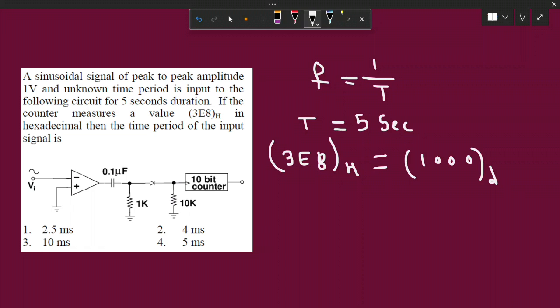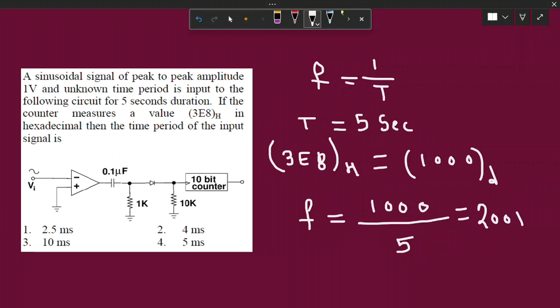Now we can calculate the frequency, which is equal to the total number of clock cycles, 1000, divided by the time of 5 seconds. So what we are getting is 200 hertz. The frequency is in hertz.